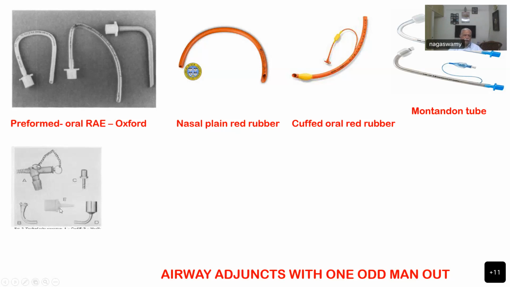Connector. Yeah, this is a universal connector. E is a universal connector made for present day tubes. But these are all older connectors for endotracheal tubes, called ET tube connectors. The A is called the Cardiff connector.